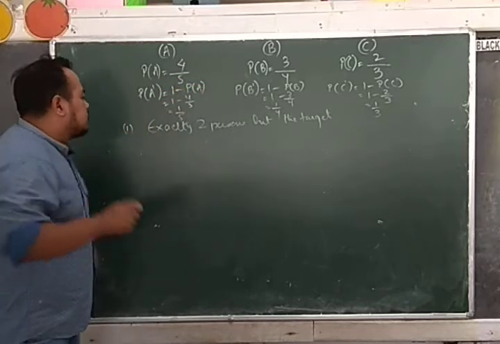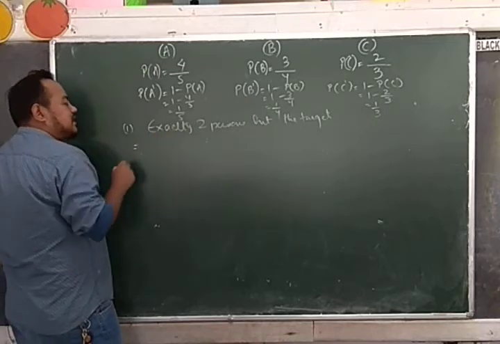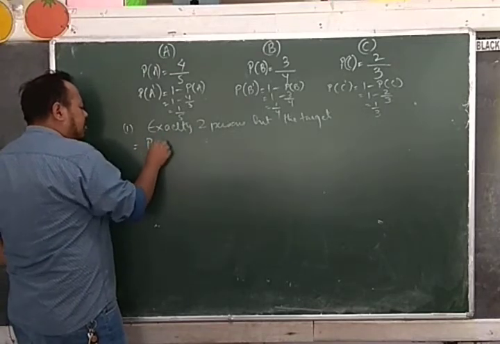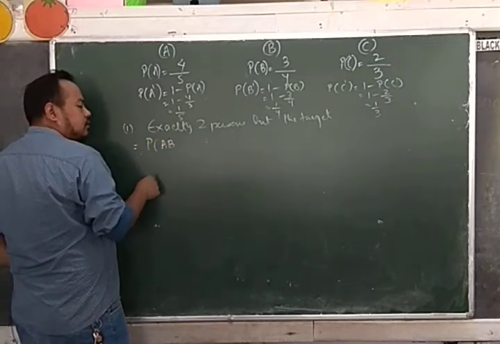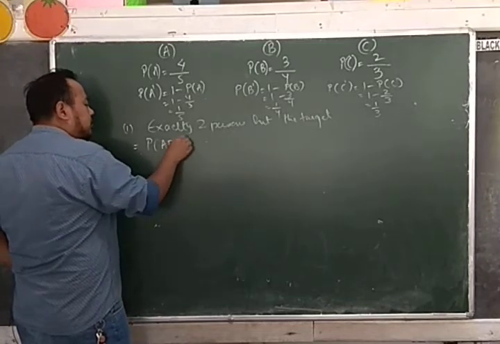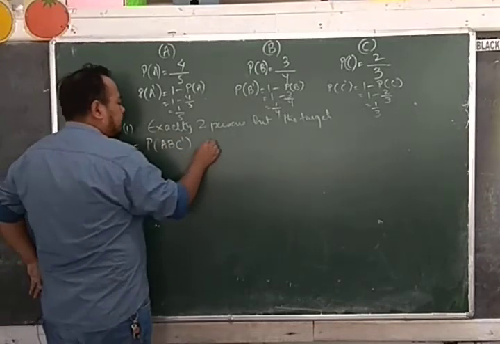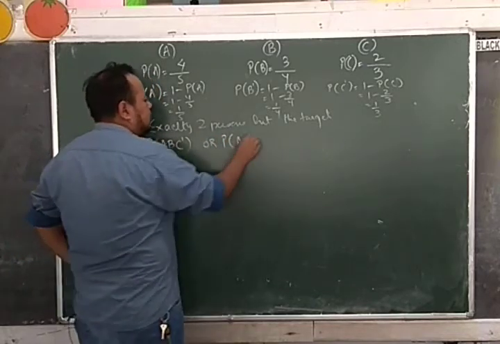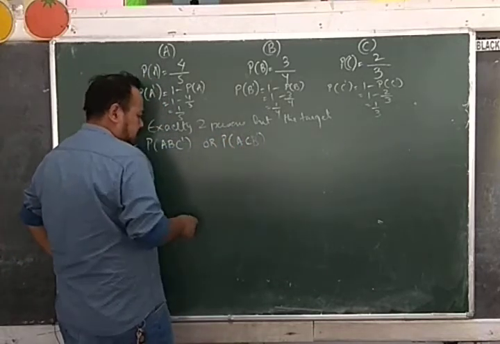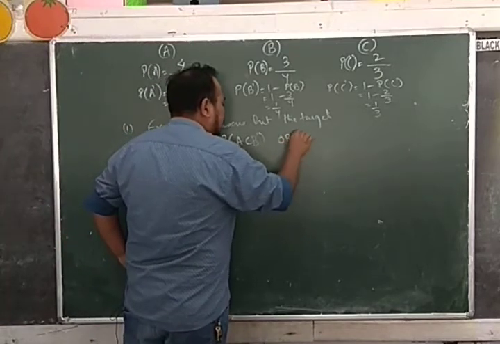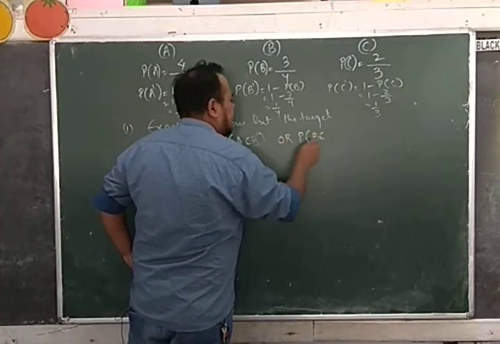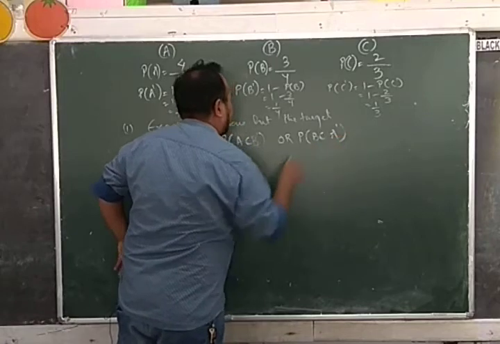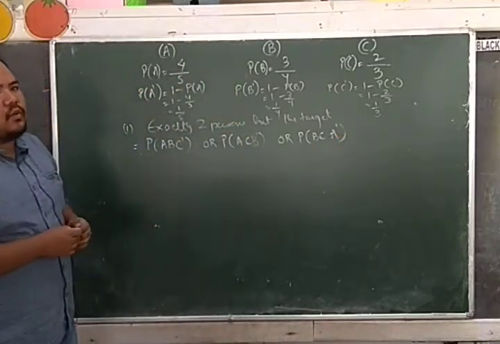Exactly 2 persons hit the target means, suppose A and B hit the target, 2 persons, so the third person has to miss. Or A and C hit the target, then who's going to miss? B has to miss. Or B and C hit the target, then who has to miss? A. Because there are 3 persons, obviously one has to miss.